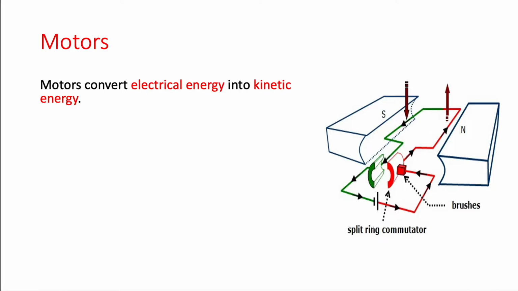In other words, we're taking chemical energy from the battery, turning that into electrical energy, which then flows through the wires in the motor and turns into kinetic energy. We can see that because the motor will rotate as a result. And the reason it rotates is due to the force on those current carrying wires in the magnetic field.